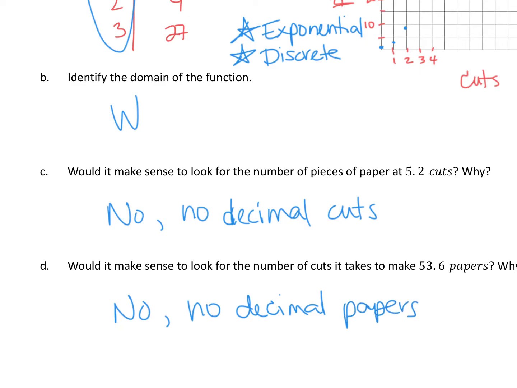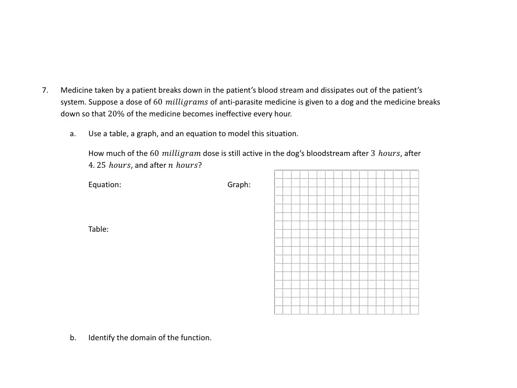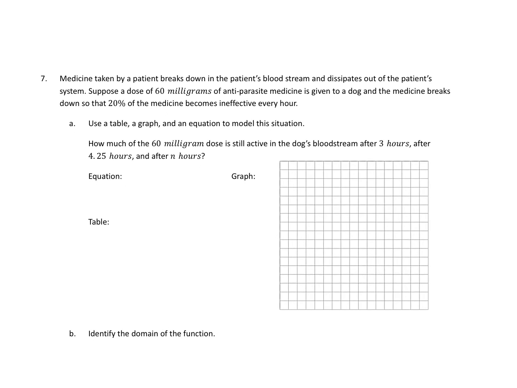All right, let's turn the page to number 7. Okay, number 7, it says medicine taken by a patient breaks down in the patient's bloodstream and dissipates out of the patient's system. Suppose a dose of 60 milligrams of anti-parasite medicine is given to a dog, and the medicine breaks down so that 20% of the medicine becomes ineffective every hour. So we've got a percent, right?